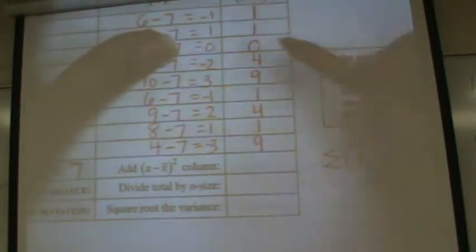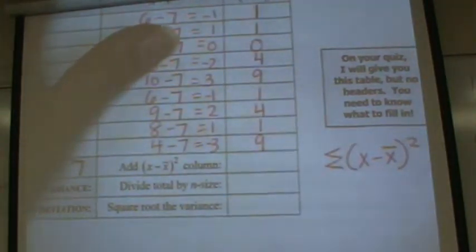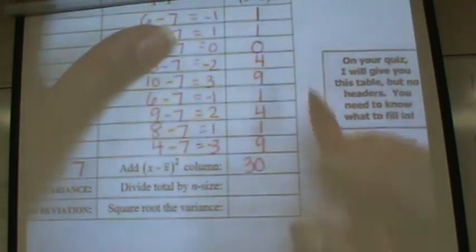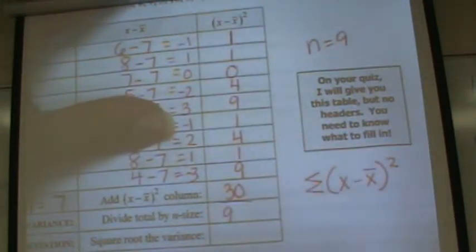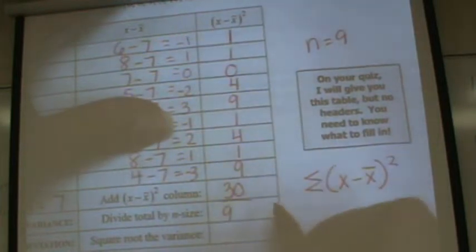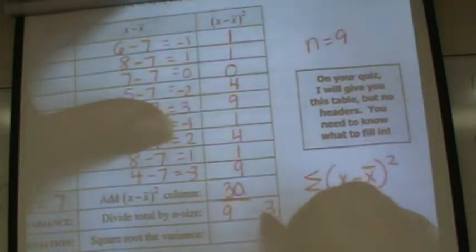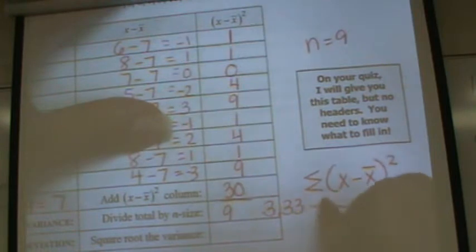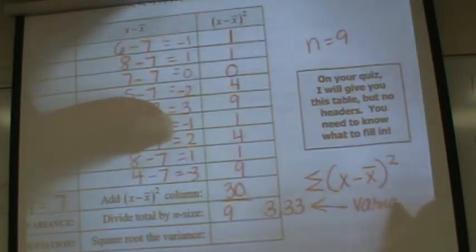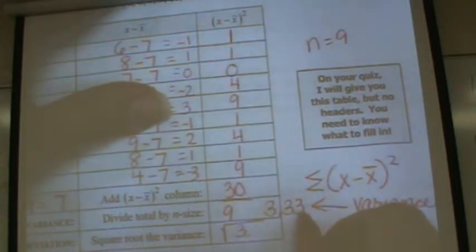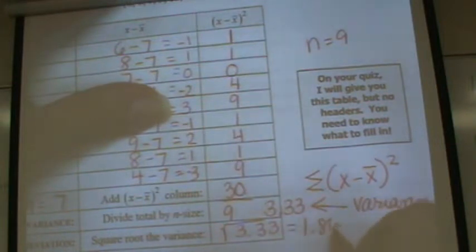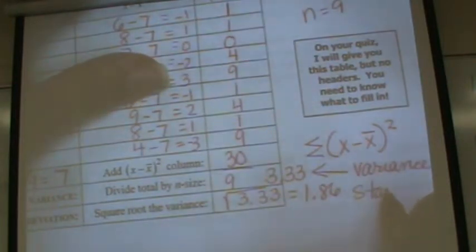If you added all these numbers up, you get 30. Then if you divide this by n, n is 9, that's gonna be your variance. What is 30 divided by 9? It's about 3.3. That's your variance. And then you take the square root of that. This is sigma squared. Square root of that is gonna give you about 1.86, and that's your standard deviation.